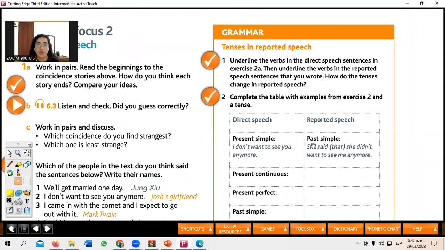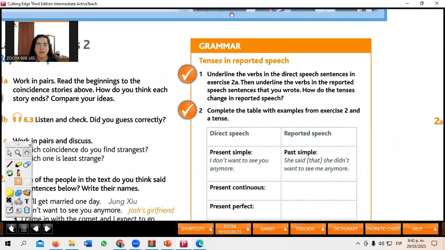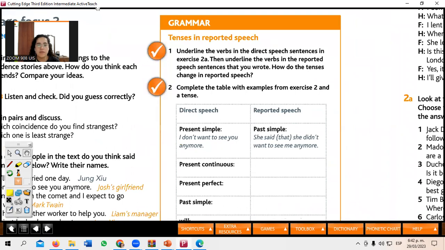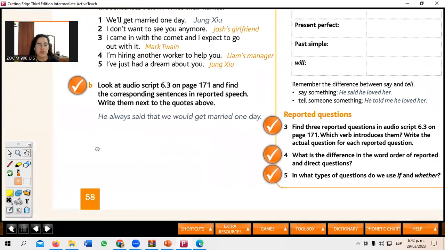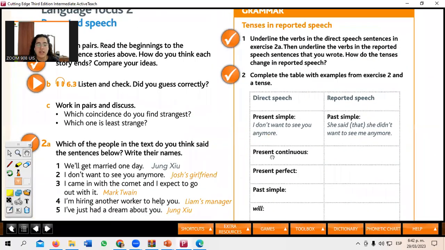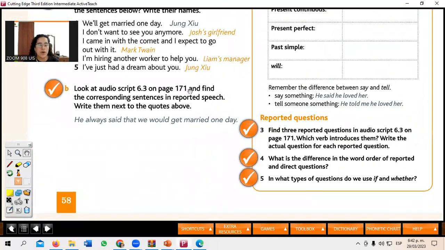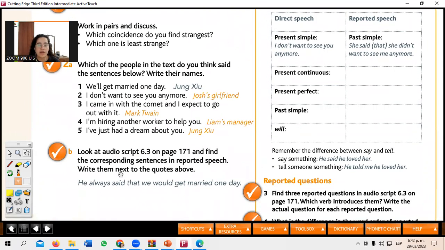So we're going to check the grammar explanation box over here. Let's take a look. Before we do this, we need to do activity 2B.